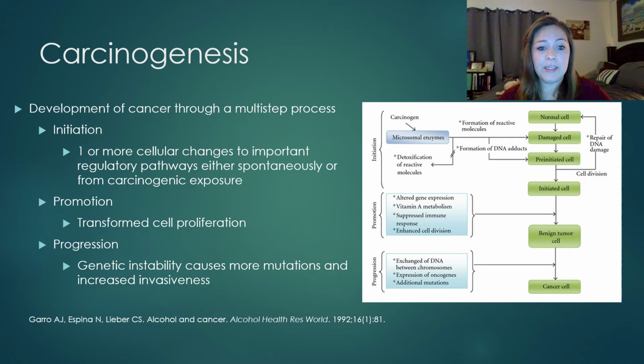Second is proliferation of those transformed cells as a result of a change in one of those regulatory pathways. And third, the progression requires genomic instability in order to cause more mutations. And as more mutations occur, it increases the invasiveness of the cancer.